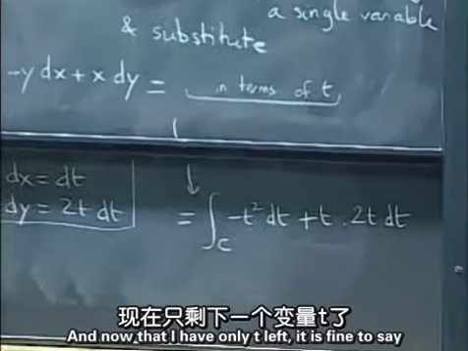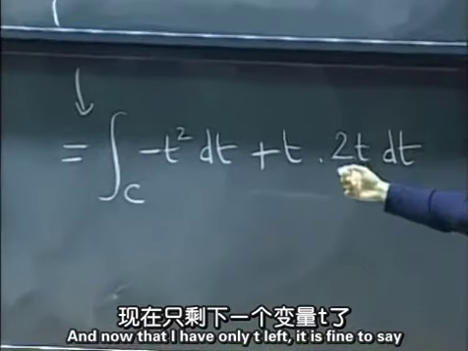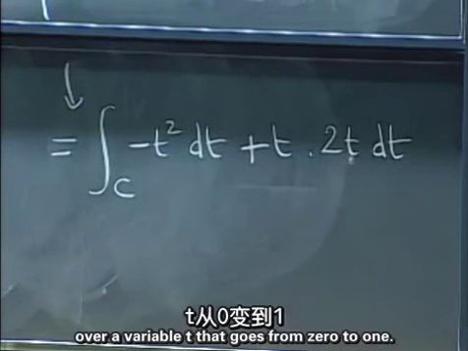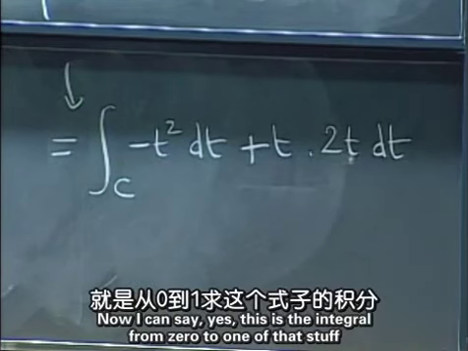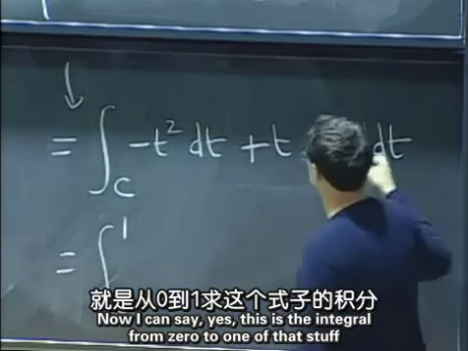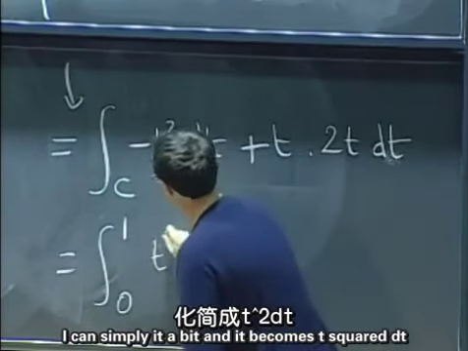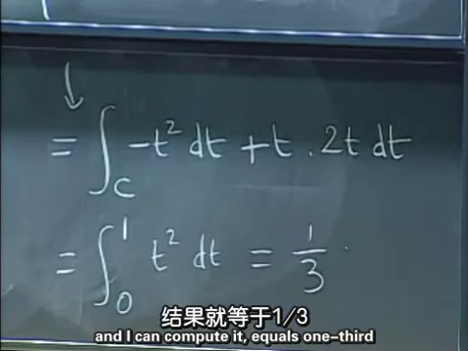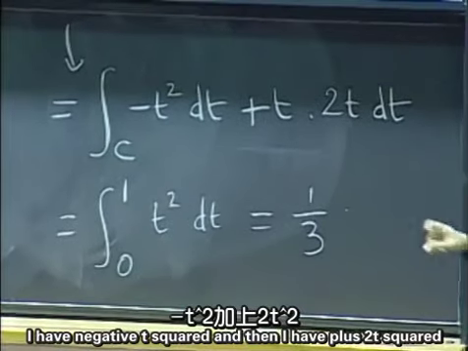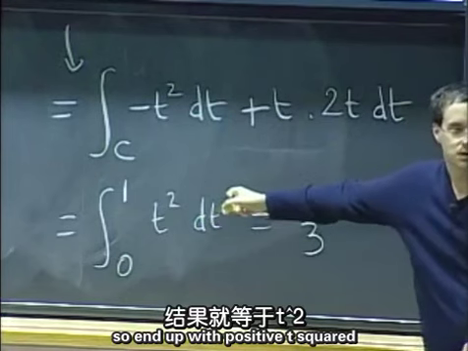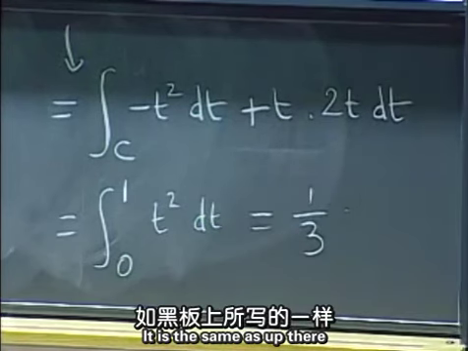Now that I have only t left, it's fine to say I have a usual single variable integral over t that goes from 0 to 1. So this is the integral from 0 to 1 of that stuff. I can simplify a bit: I have negative t squared and plus 2t squared, so I end up with positive t squared dt, and I can compute it. It's the same as up there.